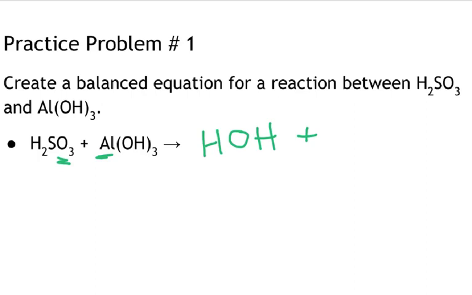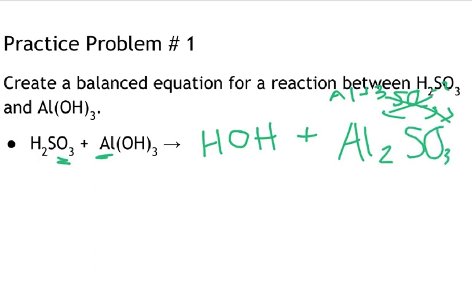So I'll do it up here, so I have room to write it below. Aluminum, I know, has a +3 charge, and sulfite has a -2 charge. So when I go ahead and do my crisscross, I'm going to get Al2(SO3)3.